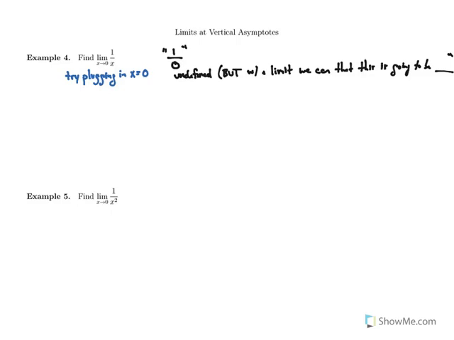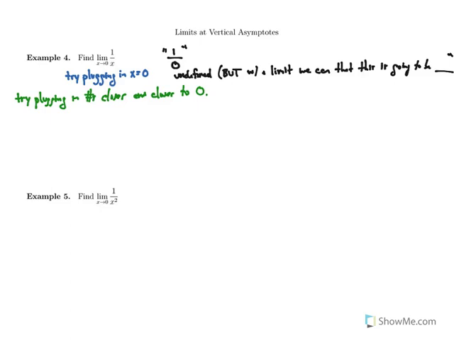So let's try plugging in some numbers to see what this is going to be. Now we're thinking about a numerical way of doing this. So let's try plugging in numbers closer and closer to 0.